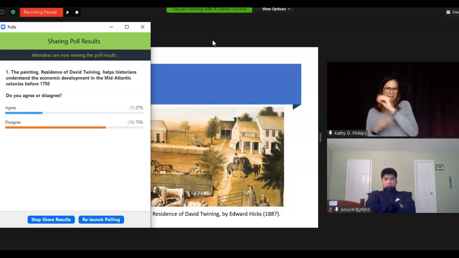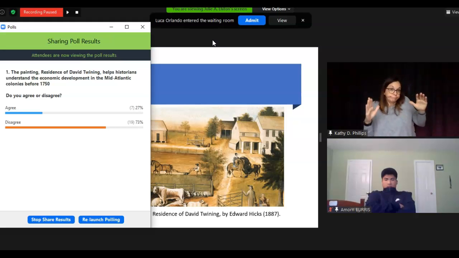So it's not a primary source. The artist was not an eyewitness. We don't know anything about the artist, right? We don't have any information here in this little description of who the artist is or whether he's done any research. We don't know even if the picture that he drew, if you look at it closely here, we have no idea what colony this is, right? It could be the southern region for all we know. We don't really know much about it.